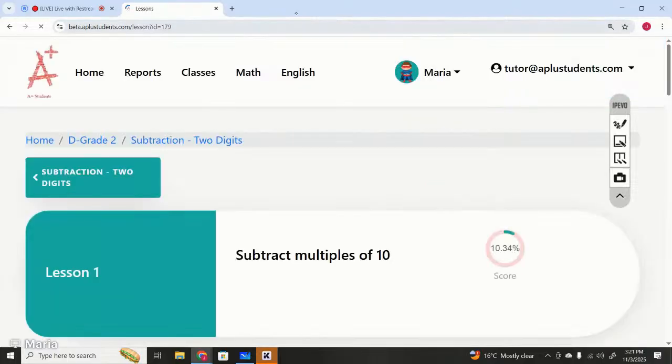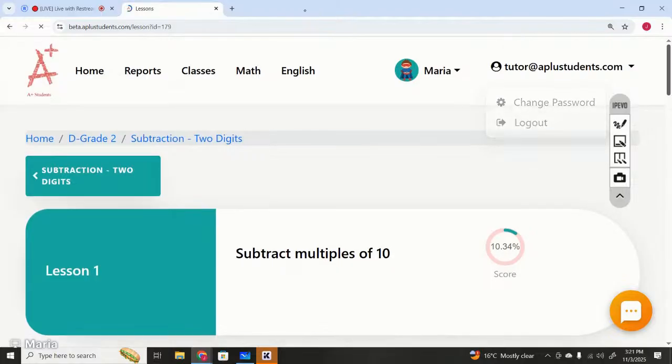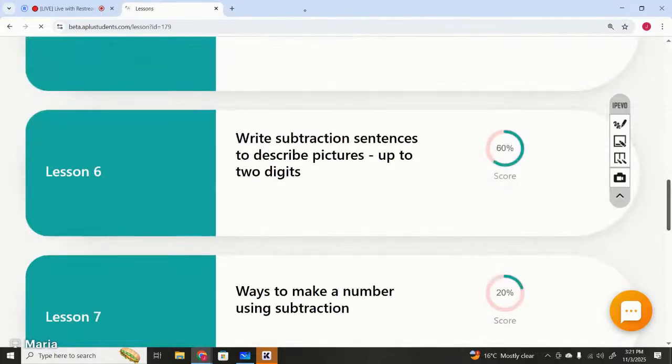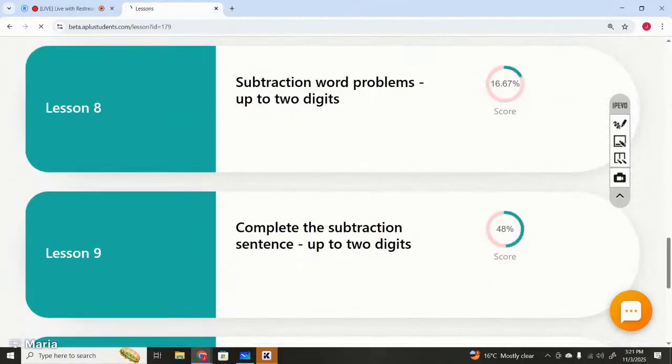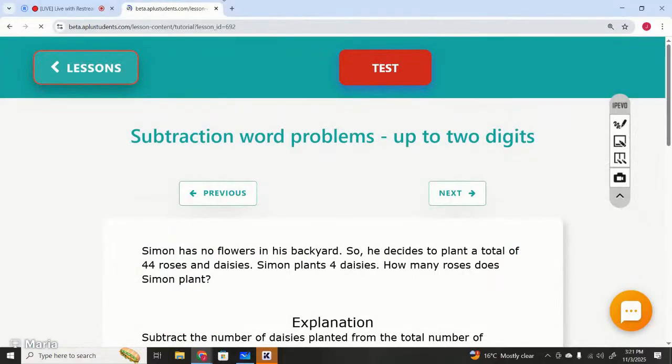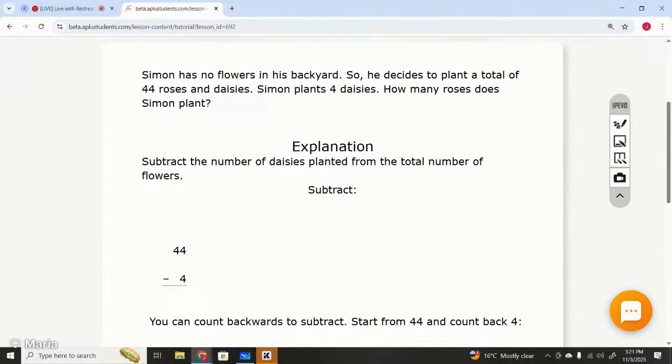The next lesson is subtraction digits. Simran has no flowers in his backyard. So he decides to plant a total of 44 roses and daisies.